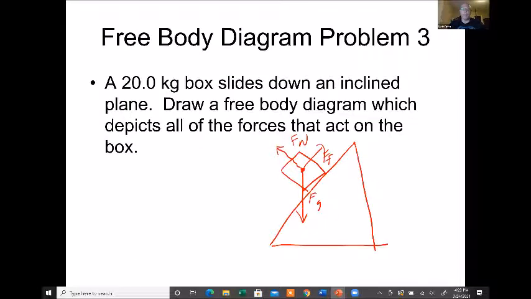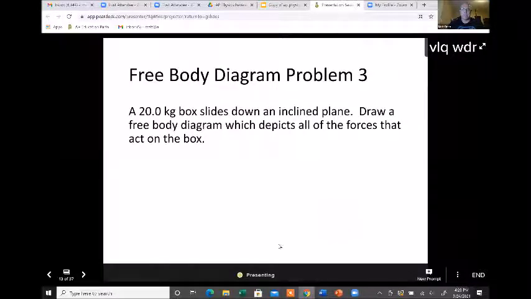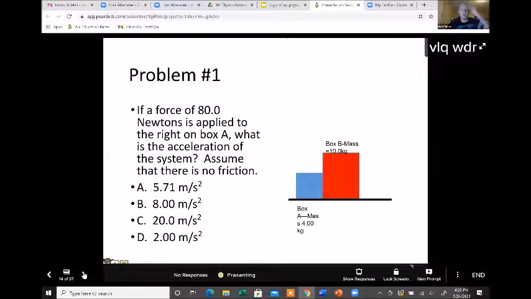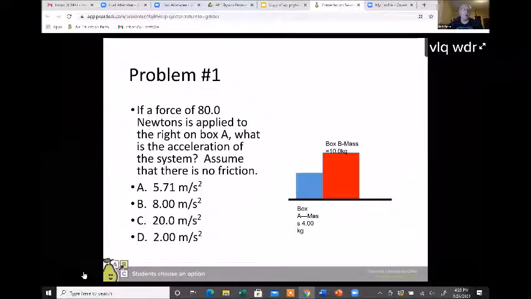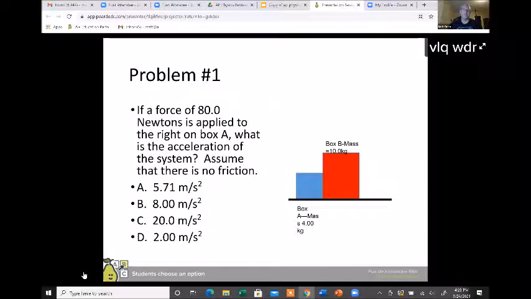All right, so let's get back to Pear Deck now. Let's go back to your Pear Deck screen. I want you guys to look at problem 1 and try to enter an answer for me. Go ahead and take about a minute, minute and a half. Try to work problem 1 and enter your answer.